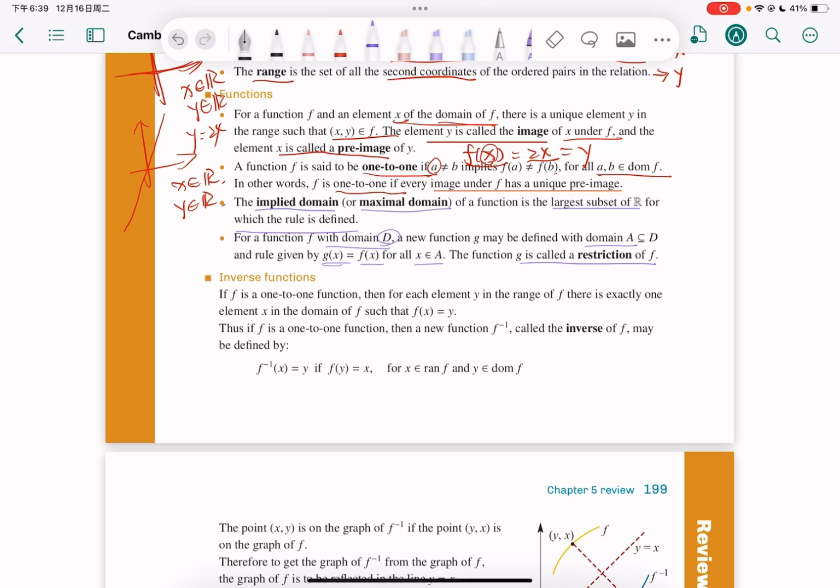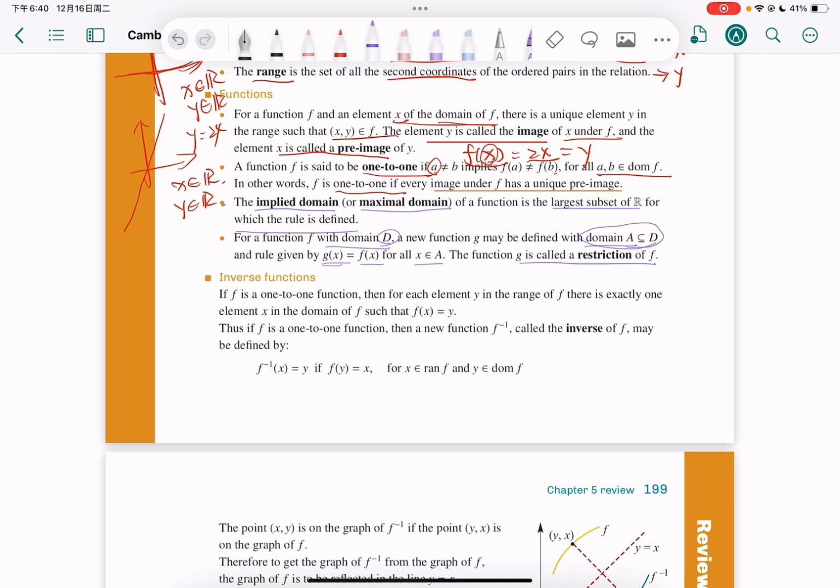It's because we actually restrict the domain. We take a part of the whole domain D and name it as A. So if we take a part of the domain and call it A, then all the f(x) corresponding to the domain A will be called a restriction of f.